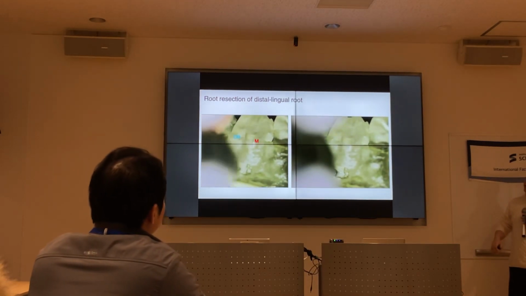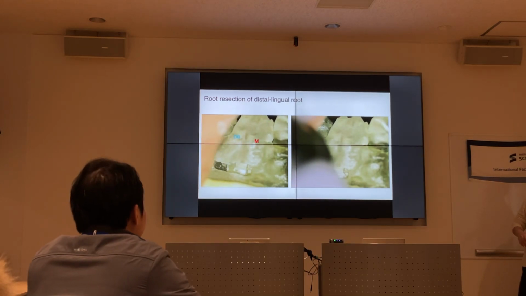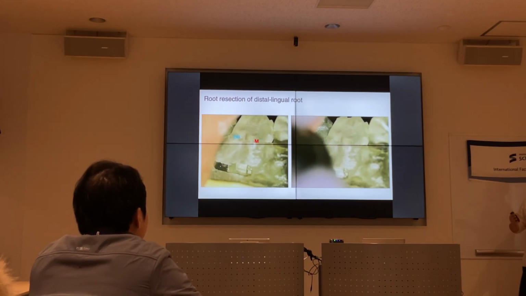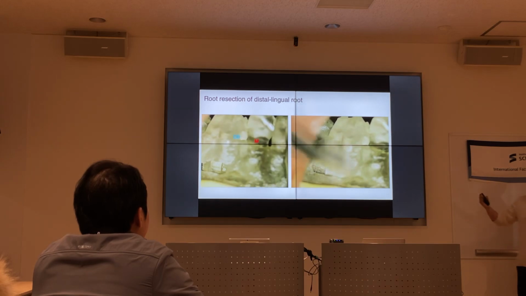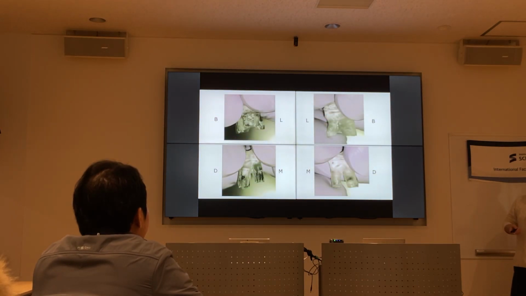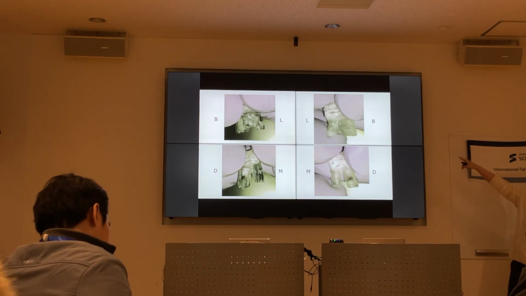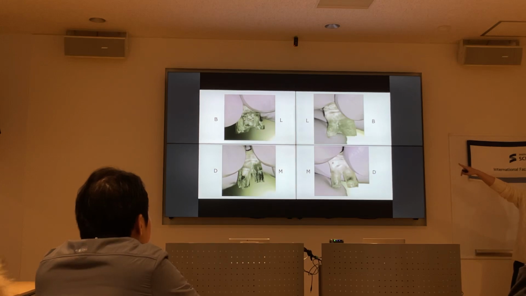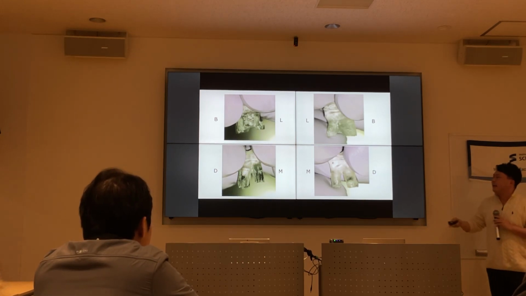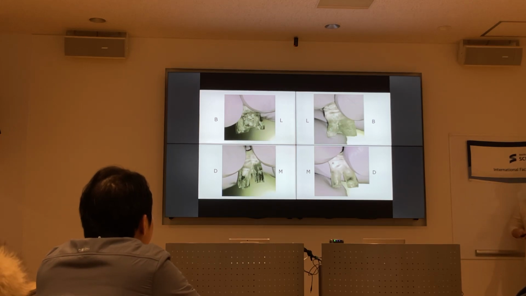This is a movie of polishing the resected surface. Then I could confirm it's possible to cut the distal lingual root. Then this is an interesting point. In this model, we can remove this tooth, then check the cut degree. Then I can improve my surgical technique before the surgery.